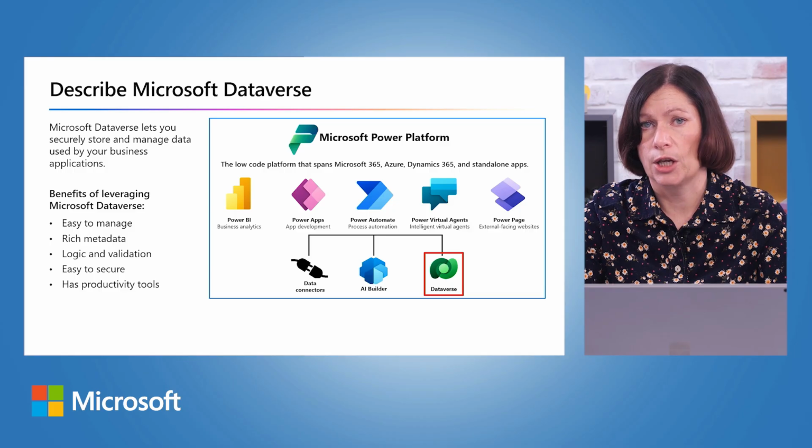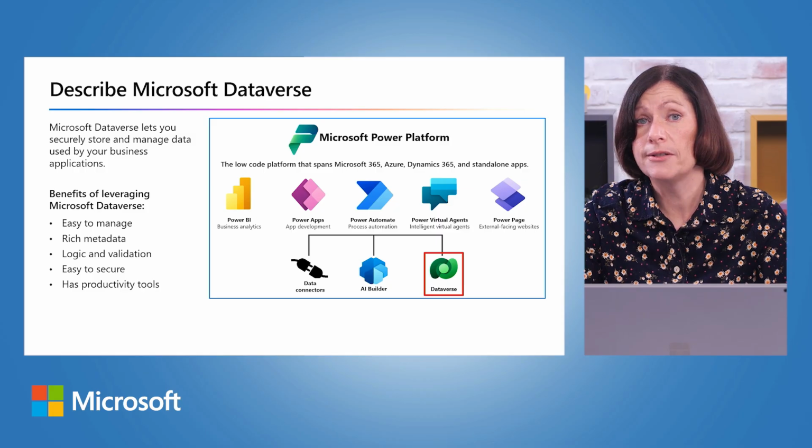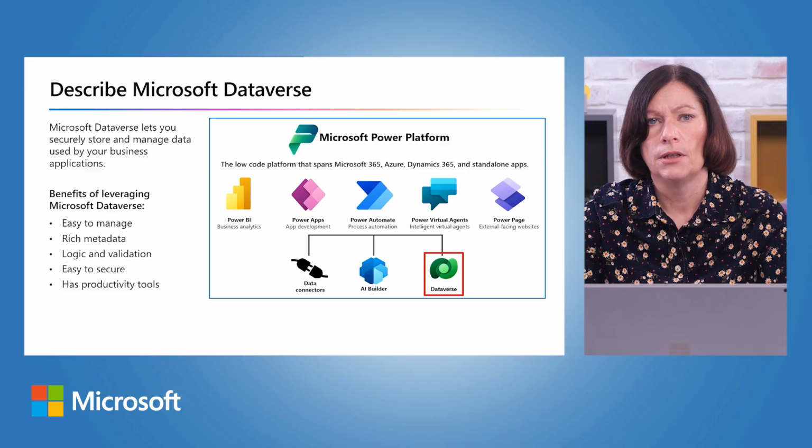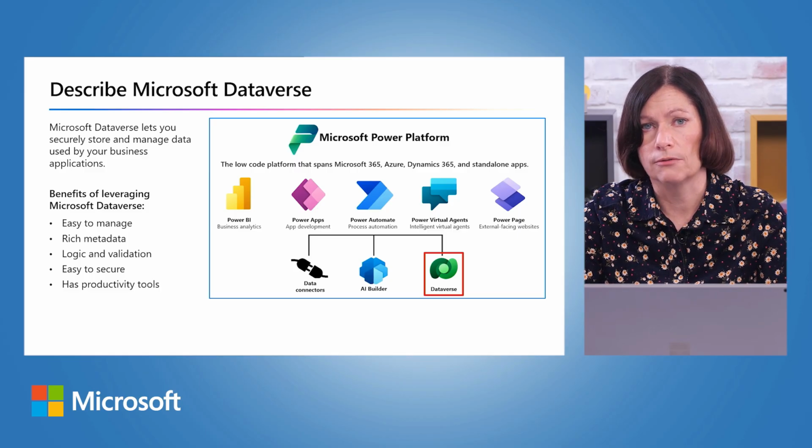It's easy to secure. Data is securely stored, so users can only access what they need. Role-based security allows you to control access to your tables for different users within the organization. It offers rich metadata. Data types and relationships are used directly within Power Apps. It provides logic and validation.